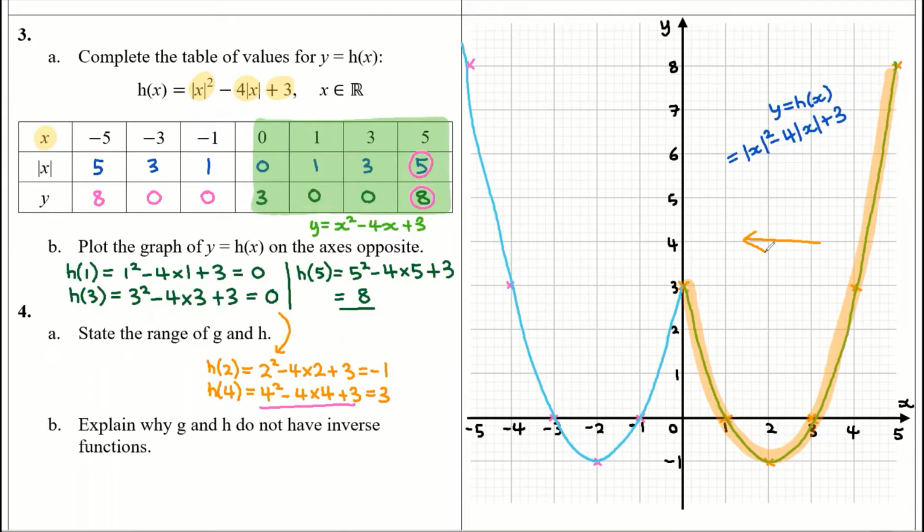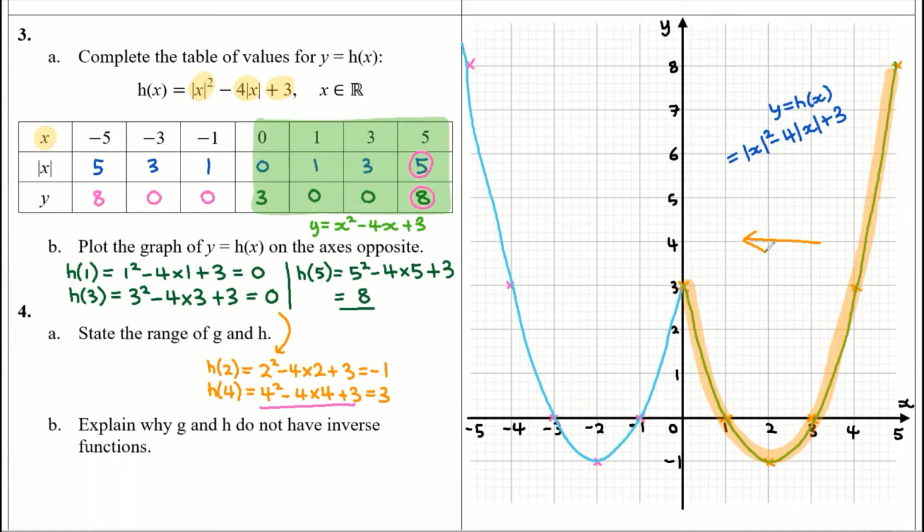And any of the negative coordinates, so the -1, which would have returned a value of 8, simply is discarded. All those negative x values in the domain are just discarded, and it's going to be a mirror image about the line x equals 0, the y-axis, of the positive side of the graph.